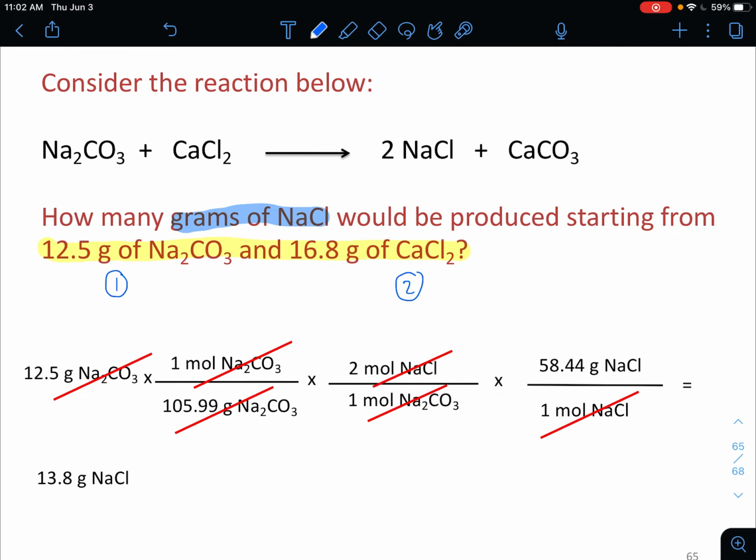Okay, so here we kind of followed standard protocol, right? With sodium carbonate, we went grams of sodium carbonate to moles of sodium carbonate, using the balanced equation to go to moles of sodium chloride, and then lastly to go to grams of sodium chloride.